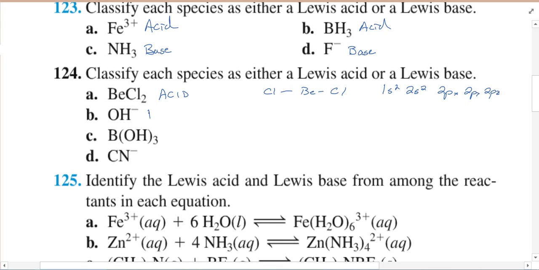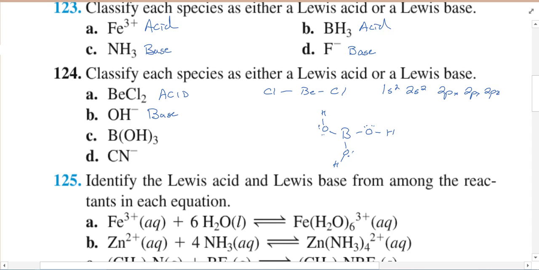Hydroxide's always going to be a base. BOH3. Well, I just said hydroxide's always going to be a base, but is that hydroxide? I don't think that's hydroxide, because B and O will make a covalent compound, won't they?